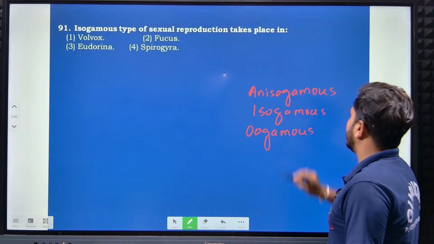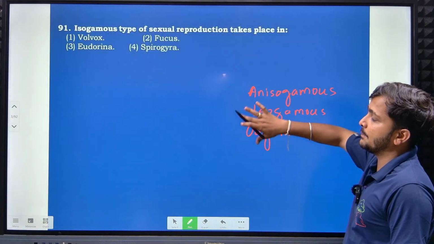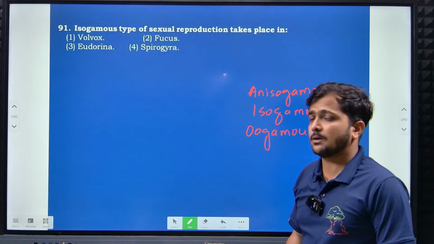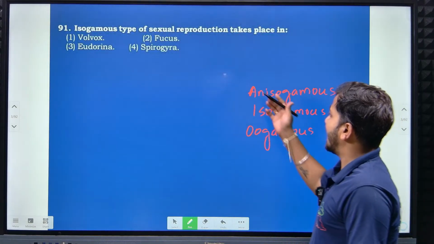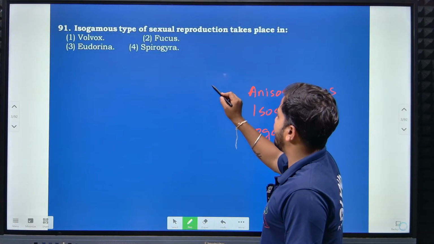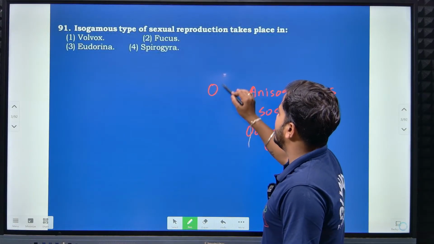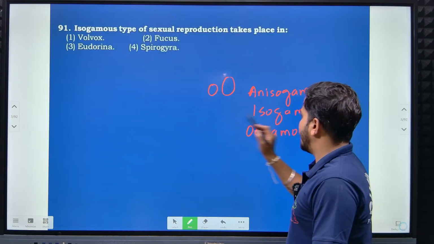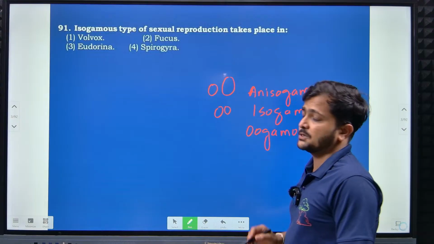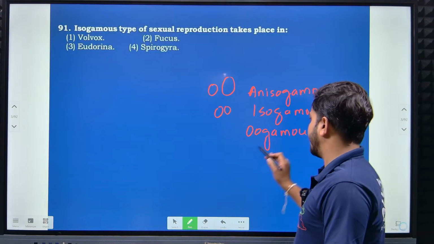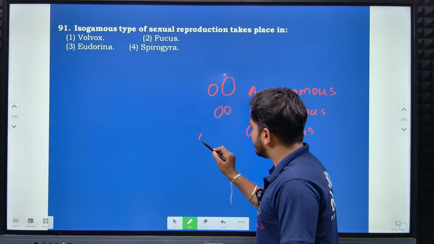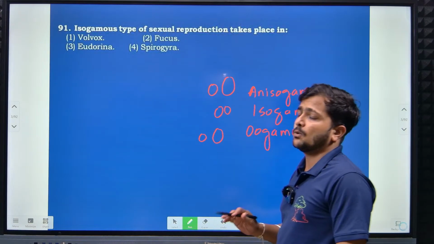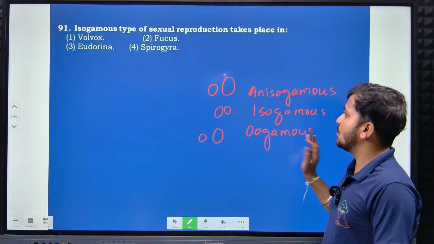So based on the gamete only, the sexual reproduction takes place in algae. Here in anisogamous, we find one gamete smaller and one bigger in size, meaning structurally they are not similar. In isogamous, we find structurally similar gametes, and in oogamous the smaller one is motile and the larger one is non-motile in nature. So that is the oogamous type.